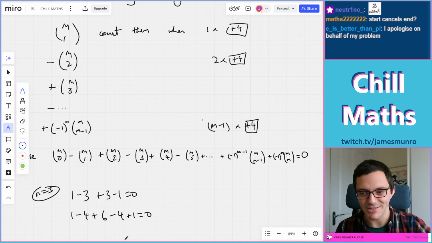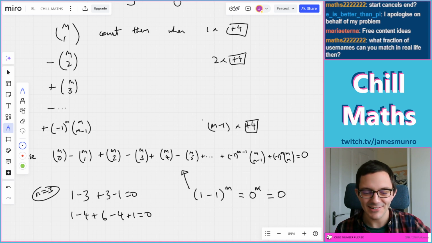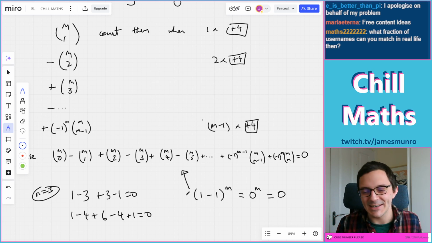Okay, maybe people don't know why this is true. This fact is true because this sum that I've written down with plus and minus signs is the binomial expansion of 1 minus 1 to the power of m, which is 0. But on the other hand, you could expand this out using the binomial theorem, and you would get this mess.